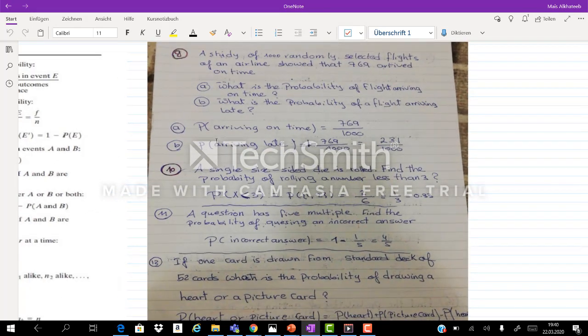I take this here in consideration: a study of 1,000 randomly selected flights on an airline shows that 769 arrived on time.